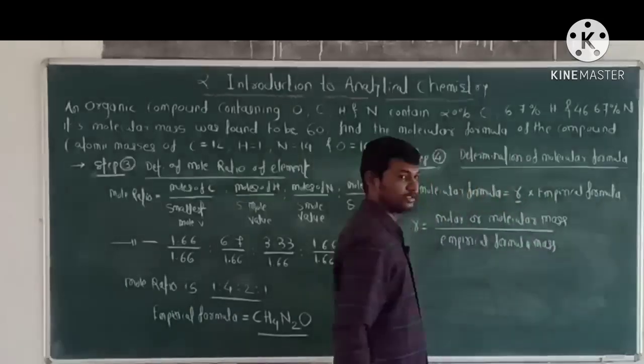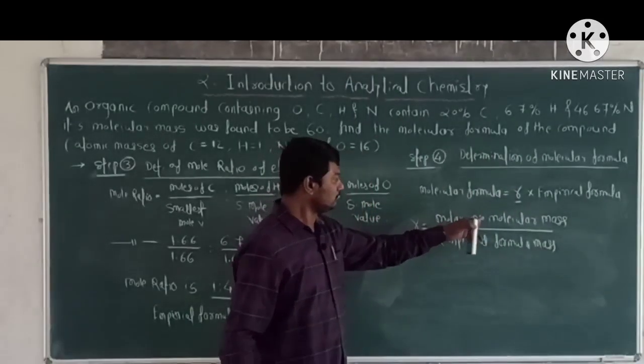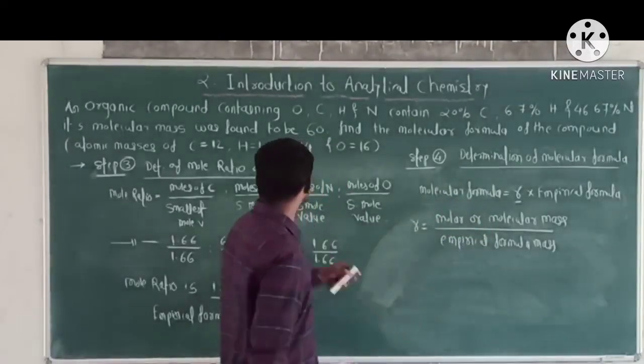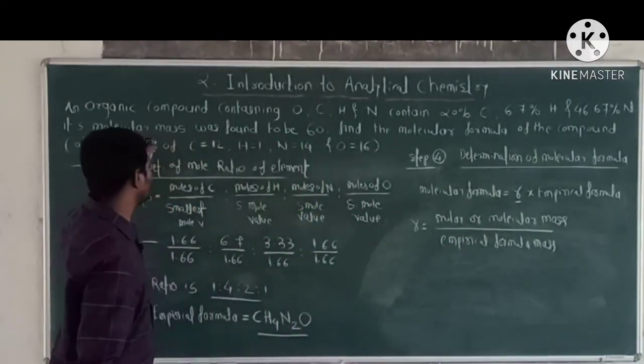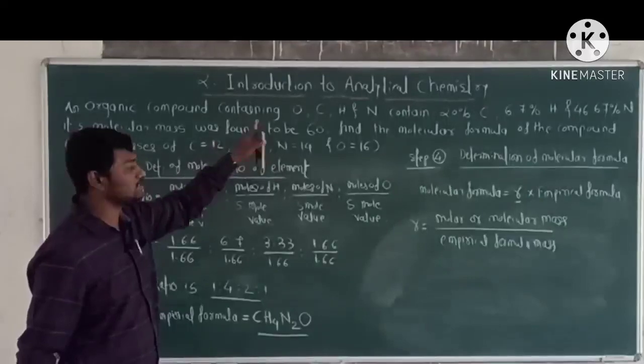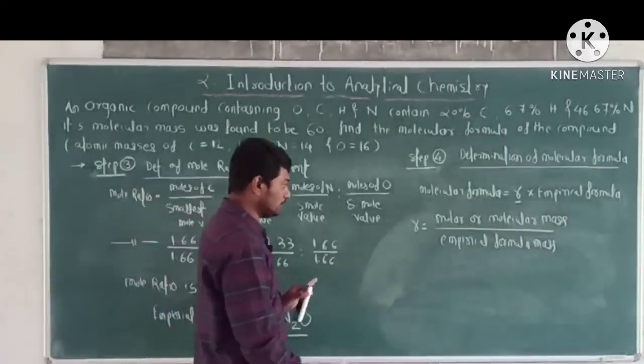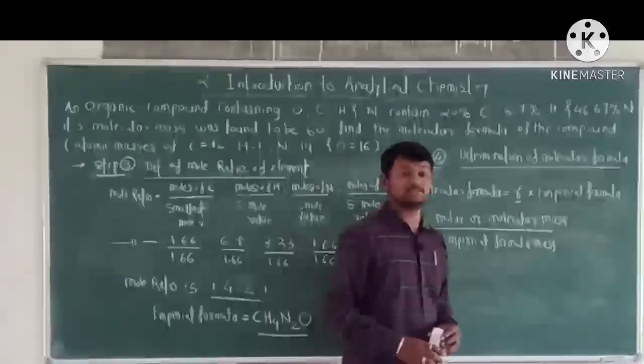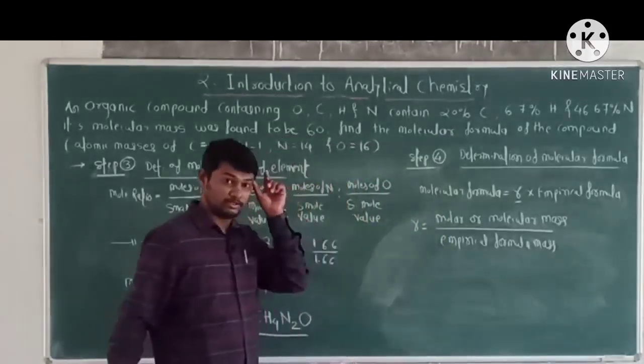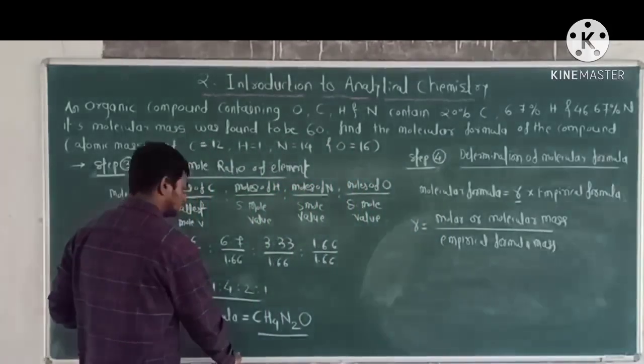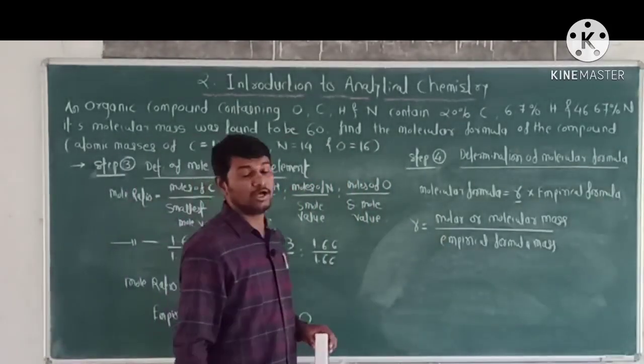Now the molecular or molar mass is given in this numerical. The molecular mass or molar mass of this compound is 60. But the empirical formula mass is not given in this numerical. So first of all, calculate the empirical formula mass.